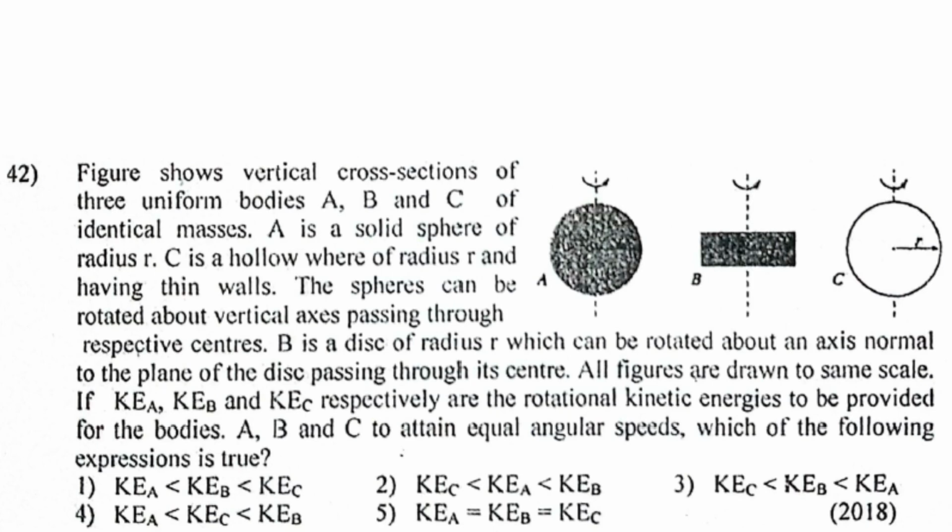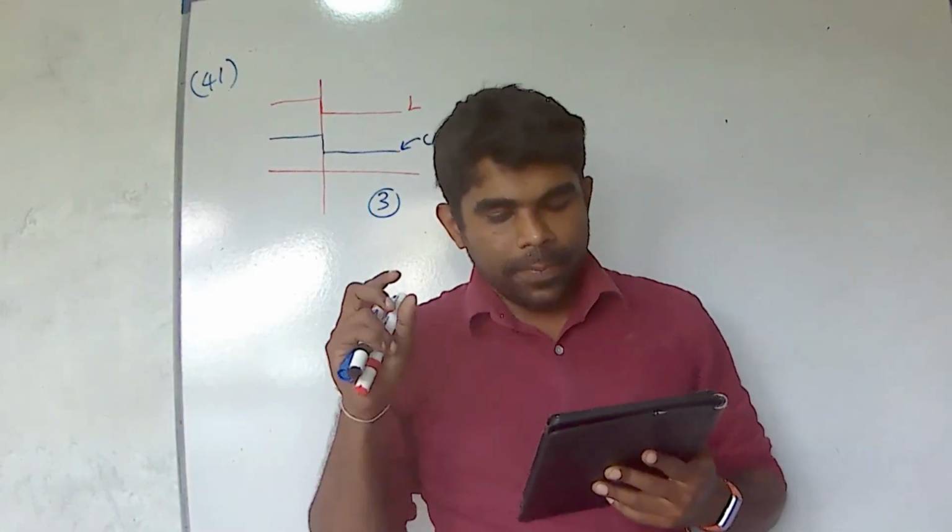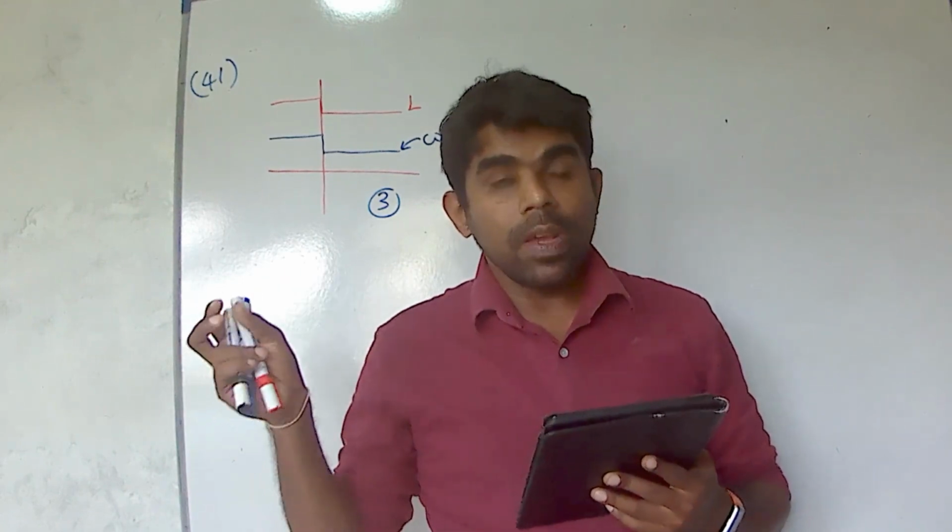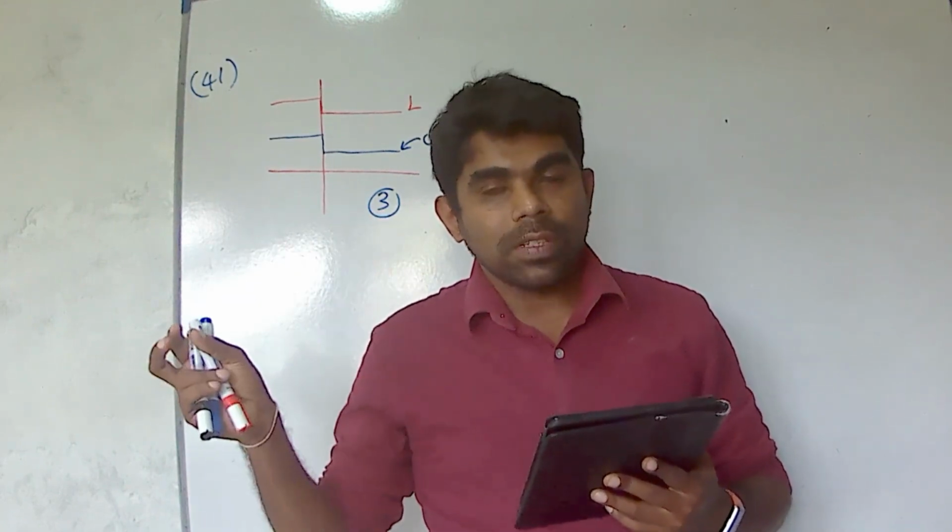If KEA, KEB and KEC respectively are the rotational kinetic energies to be provided for bodies A, B, C to attain equal angular speeds, which of the following expressions is true? When considering the 3 bodies, they have the same masses.